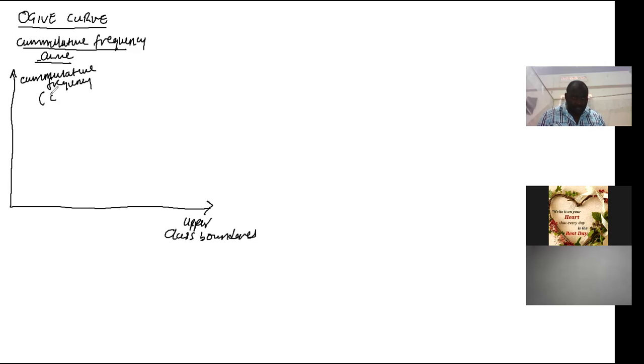That's why you find some books having CF. So who recalls our table?